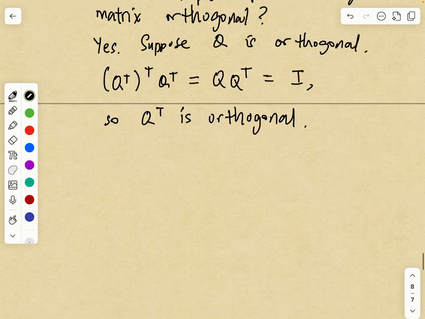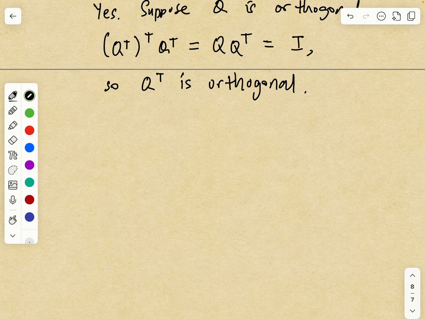So the set of orthogonal matrices is called the orthogonal group. Anyway, we don't need that for this, but just in case you ever learn about groups, there's something called the orthogonal group.